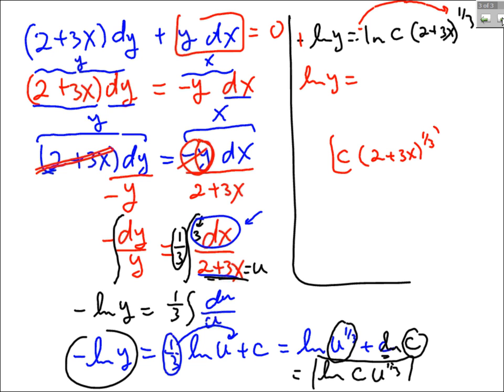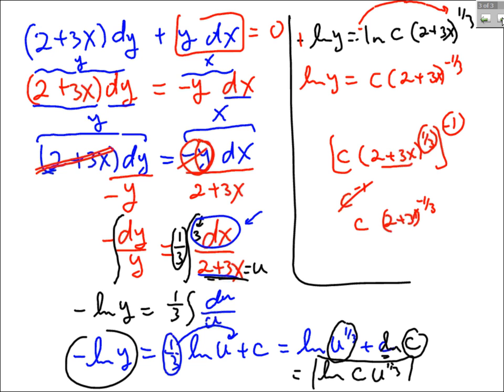I have to raise the whole thing to the negative 1. So I get c to the negative 1, which is just c, times 2 plus 3x to the 3rd to the negative 1. But you multiply those powers and you get negative the 3rd. C times 2 plus 3x, excuse me, to the negative 1/3 power.